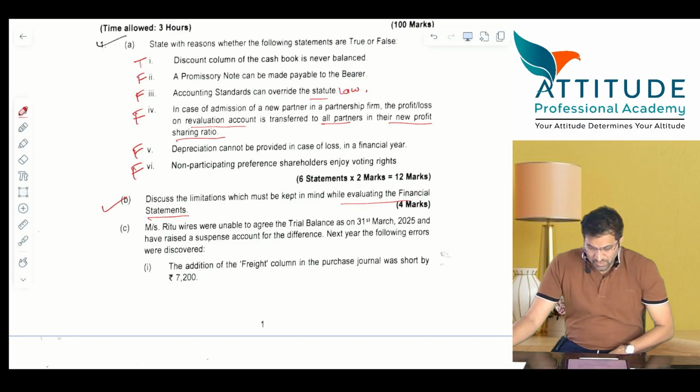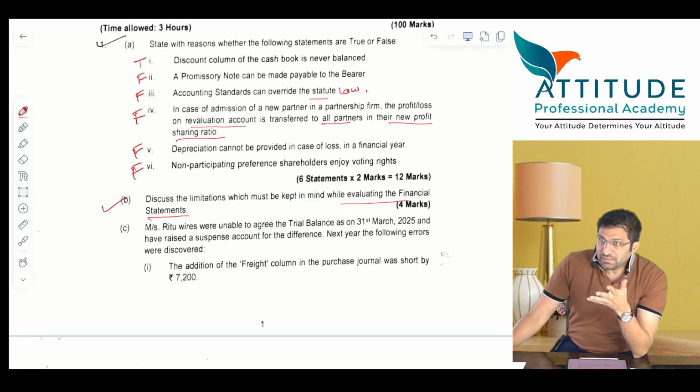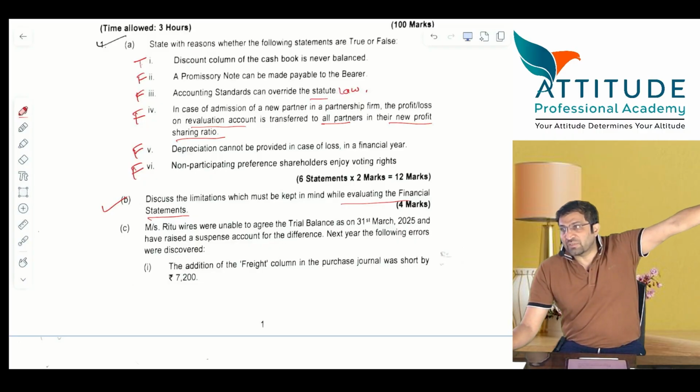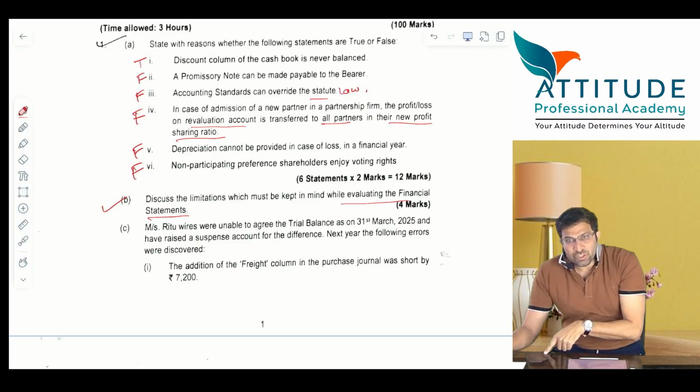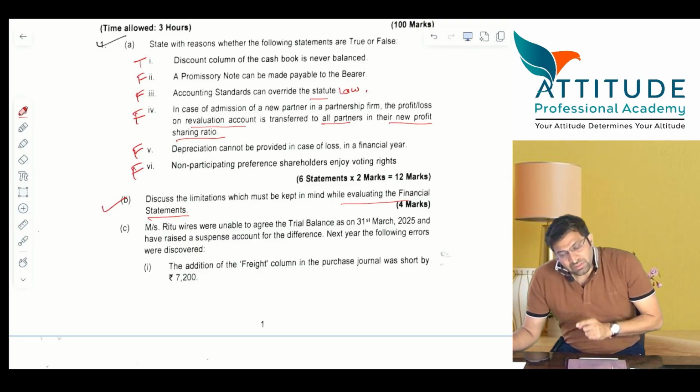Next, third limitation. Tell me, accounting also ignores inflation. We don't account for what? Inflation. The stock which is purchased in the beginning of the year, that might remain as a closing stock. That will be recorded at the earlier rate, not at the current rate. Yes or no? So right there.